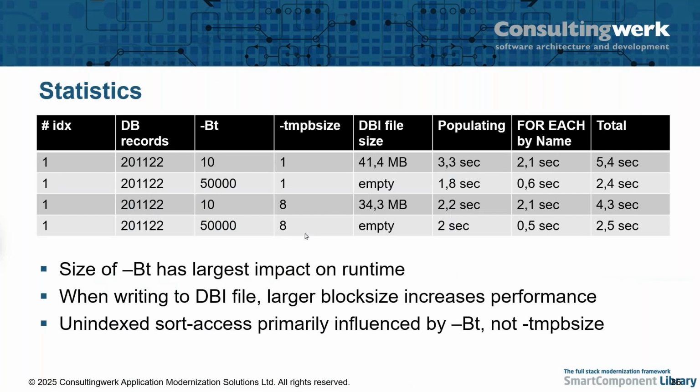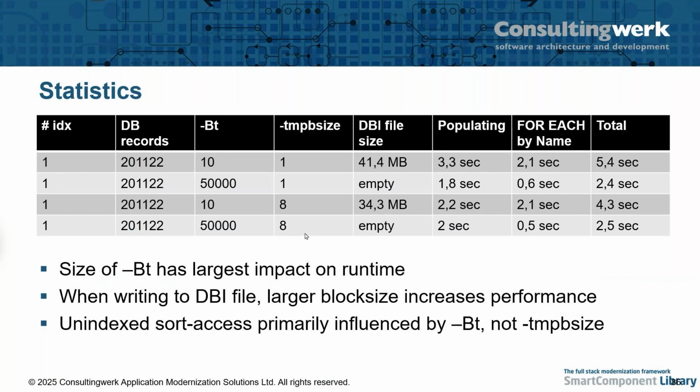With this, I see that the runtime of a simple program varies based on the -Bt and temp table block size between 5.4 and 2.5 seconds in total. The populating of the temp table, that's taking the longest here.